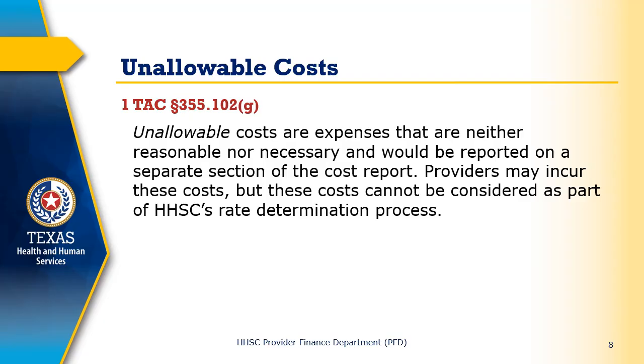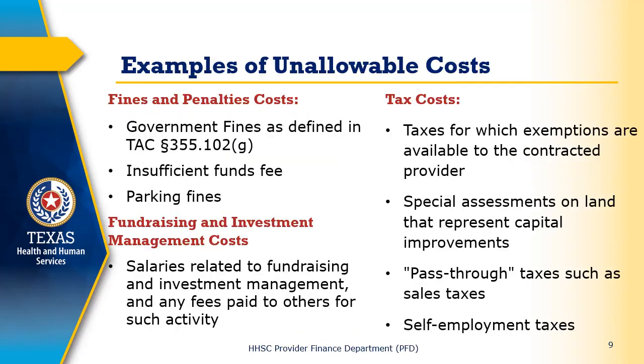Providers must differentiate between allowable and unallowable costs to ensure compliance with state regulations. Ultimately, unallowable costs cannot factor into the Health and Human Services Commission's HHSC rate determination process. Coming up, we will review examples of unallowable costs.